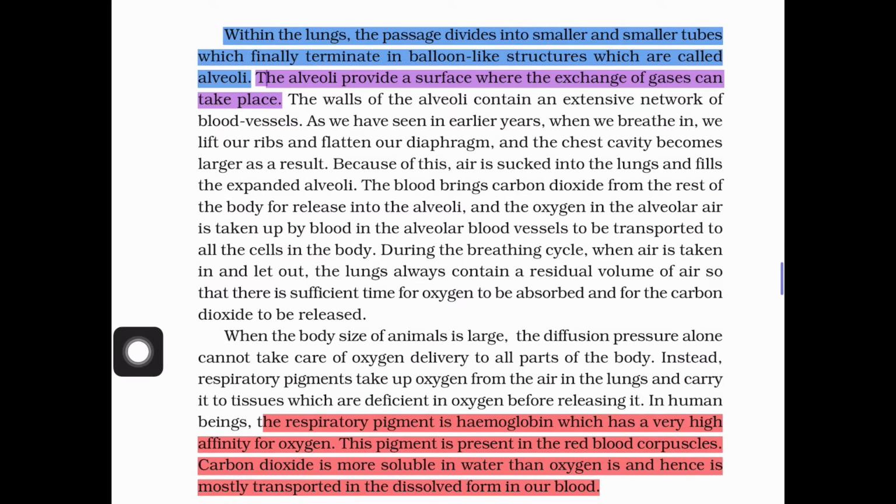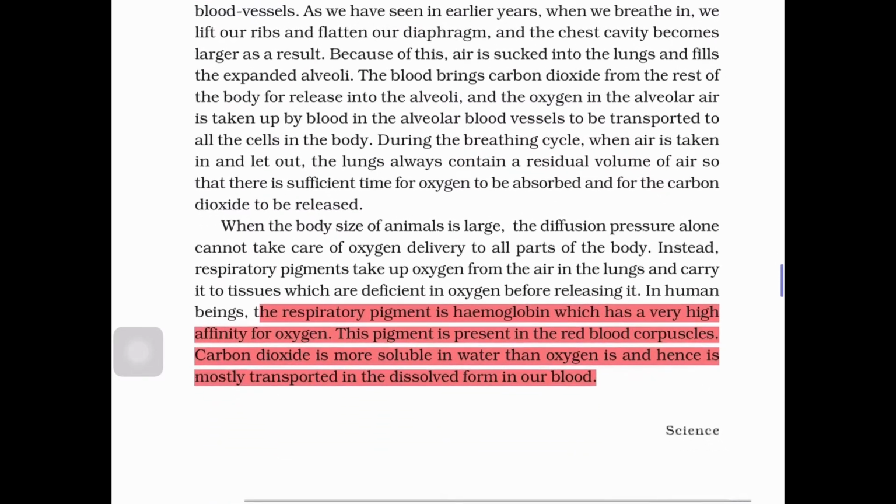Residual volume means the volume which is already filled with some gases, whatever oxygen or carbon dioxide remains inside the lungs. Because of this residual volume, there is sufficient time for the blood to take up oxygen and for the carbon dioxide to be released. So this residual volume is very important for this purpose.